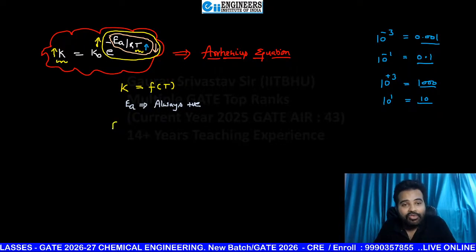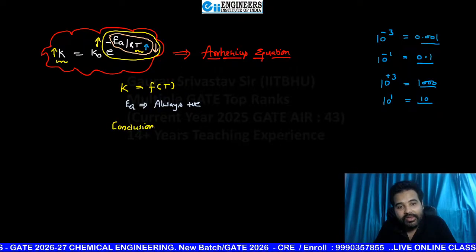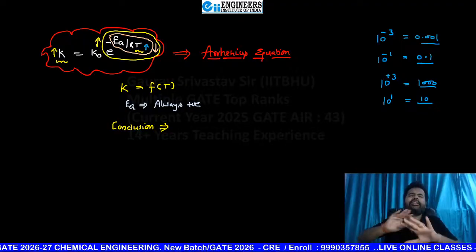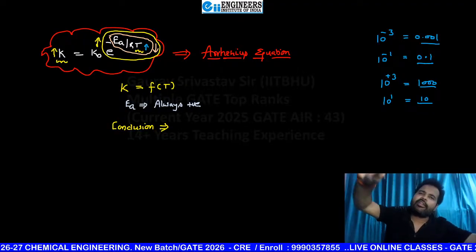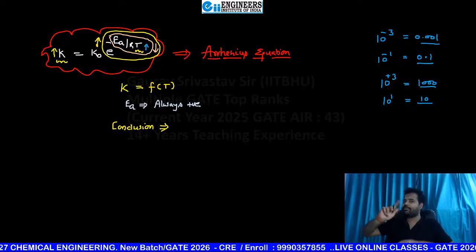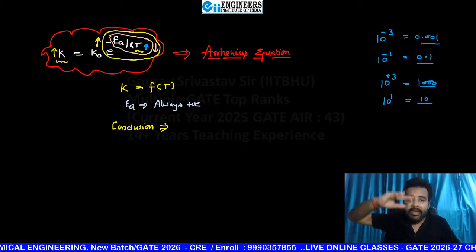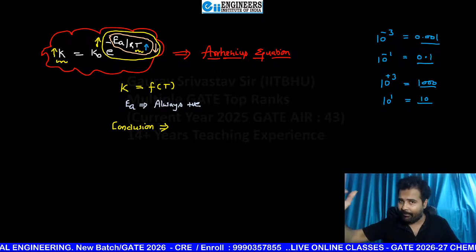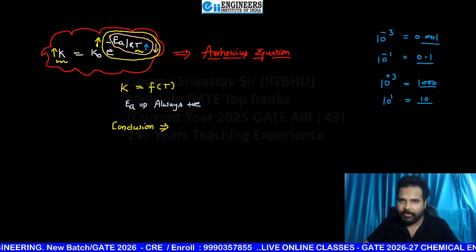What is our conclusion? Above analysis conclusion is, every time, even if you are seeing for forward reaction or backward reaction, this is not Ke. Ke may increase, may decrease when you are increasing temperature. It will strongly depend upon exothermic or endothermic.